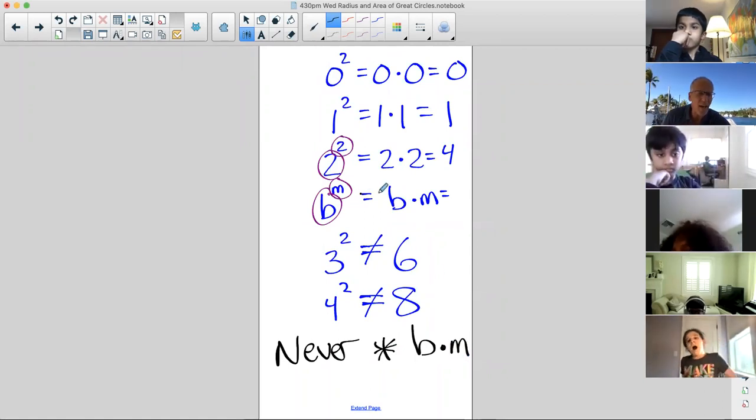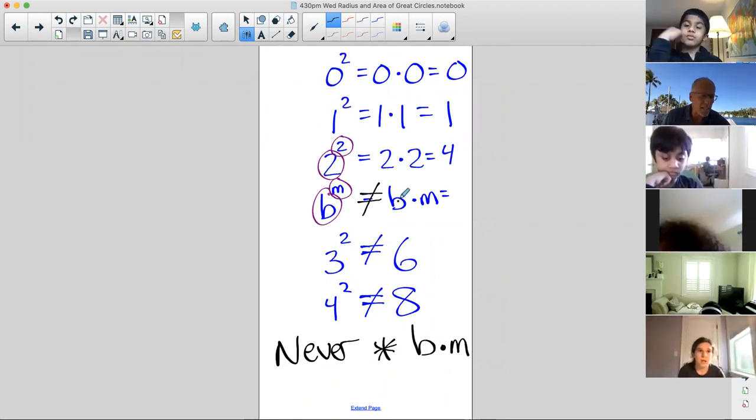Never, ever, ever multiply the base number by the exponent. And if you remember that one thing, it will save you years of wrong answers. And I think you'll really, really like it.